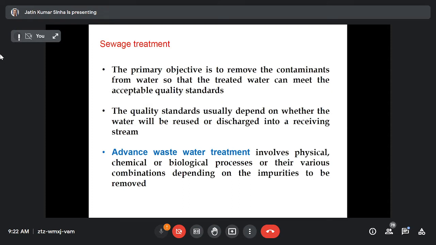Some impurities are in physical form, some are in dissolved form, and some are harmful for humans and the environment in terms of biological impurities. So depending on the impurities, the water goes through different treatment techniques.